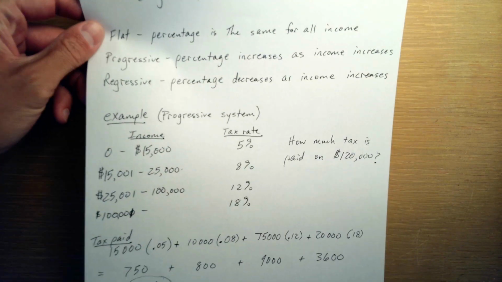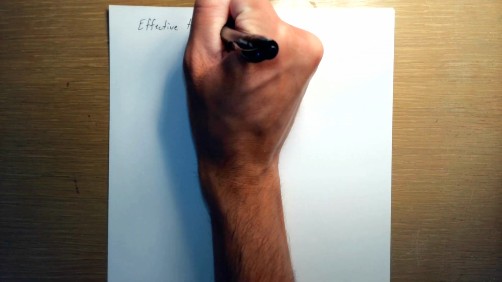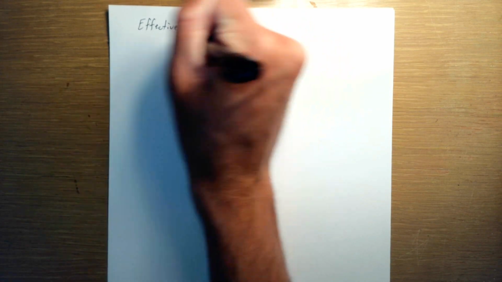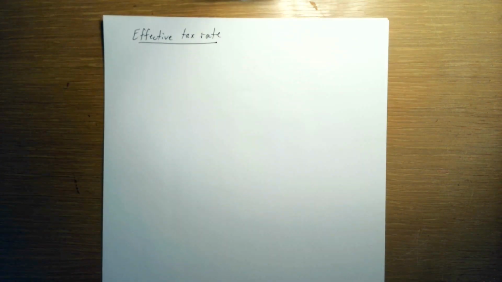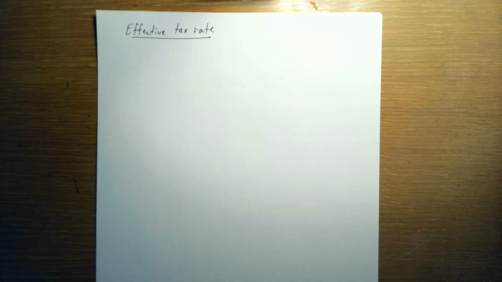So we may want to ask this question: what is the percent of our money that we have to pay towards tax? And that's what's called the effective tax rate, or the effective rate of that income in that tax system. So we won't have a formal definition here, but we'll just translate what effective tax rate means.